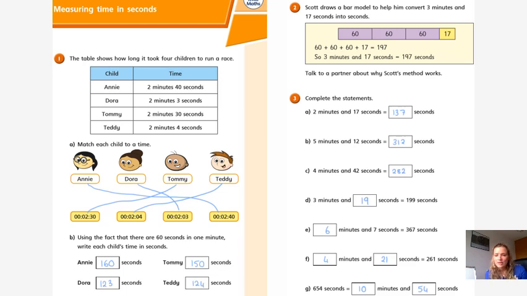Again, for the next one, if you break it down and work out how many whole minutes you would get, 4 whole minutes and then 21 seconds remaining. And for the last one as well, 654 seconds, if you count up, or you know straight away 600 is 10 times 60, there's 10 minutes and 54 seconds remaining.